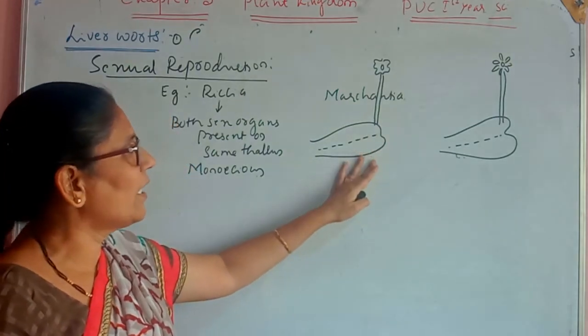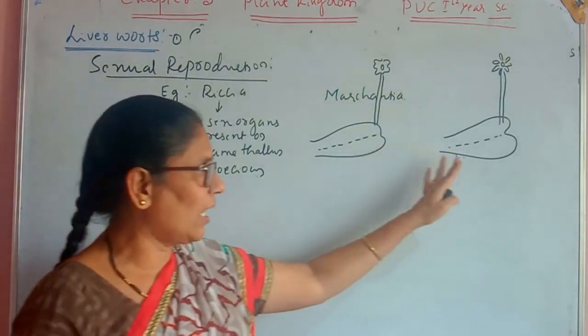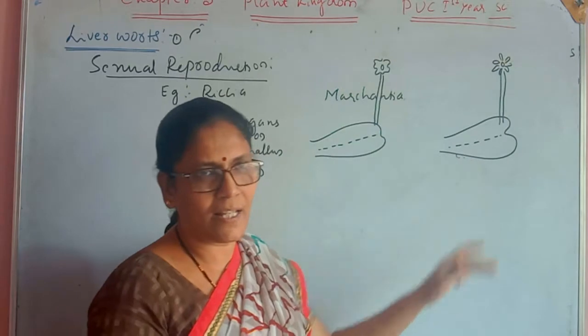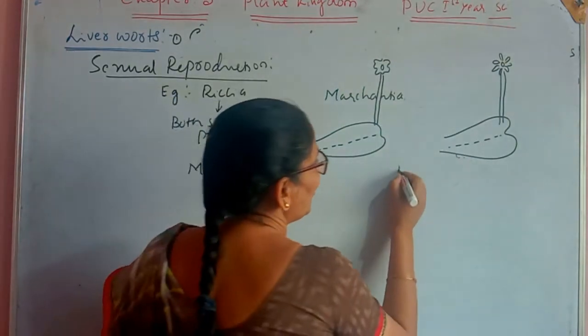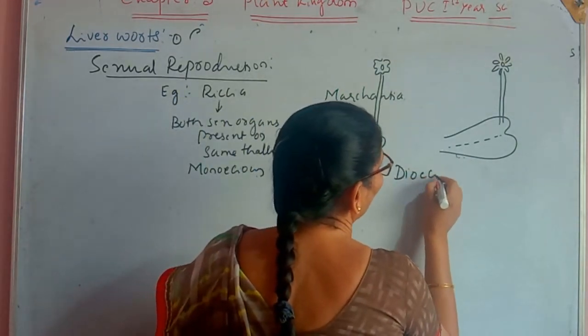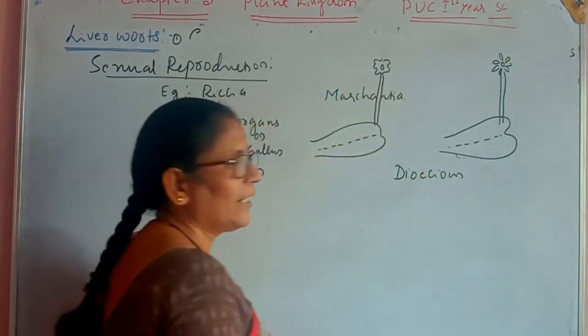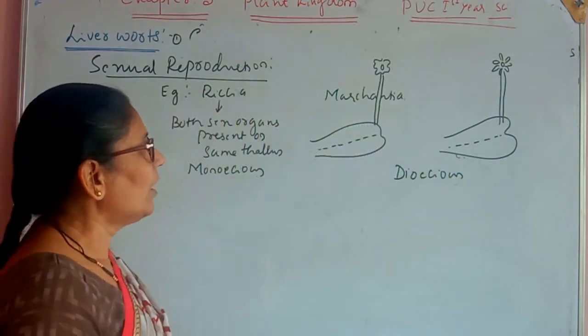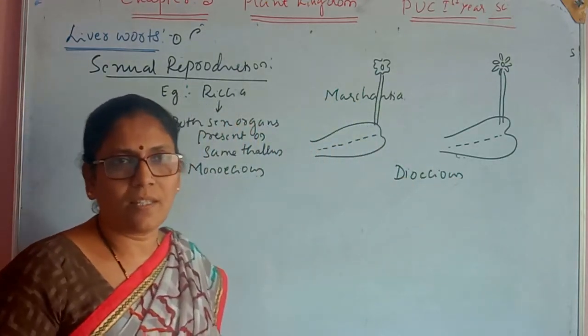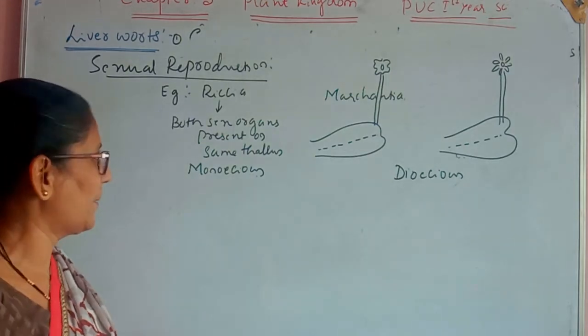One thallus has the male sex organ, another thallus has the female sex organ. Such a condition is called dioecious.